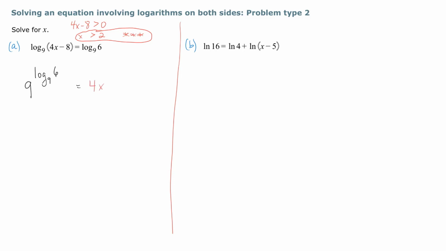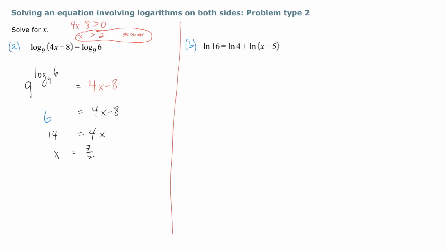The argument is 4x minus 8. The log property on the left says that pattern is just 6. So this is now equal to 6, and it's equal to 4x minus 8. Nifty. 14 is equal to 4x. x is equal to 7/2.